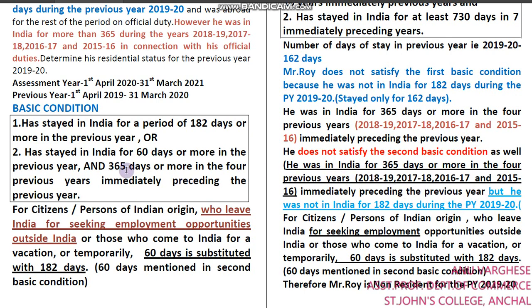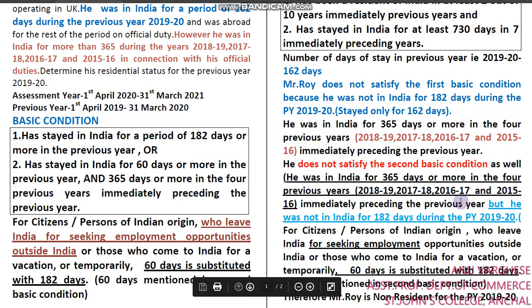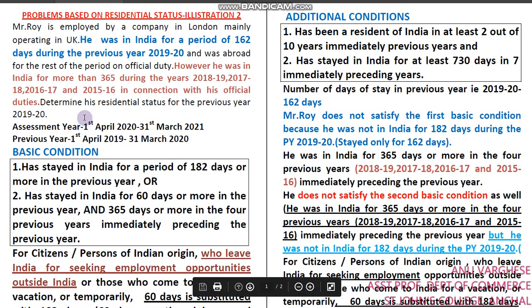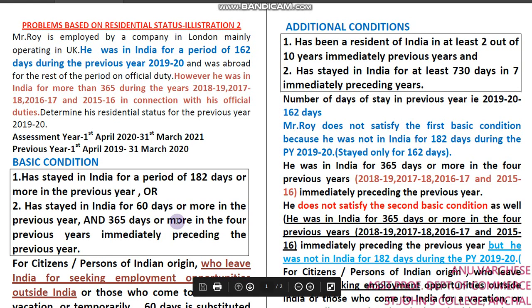So he is not fulfilling the second basic condition also. Therefore, we can say that Mr. Roy is non-resident for the previous year 2019-20, because he is not fulfilling both basic conditions. So this Mr. Roy is non-resident.